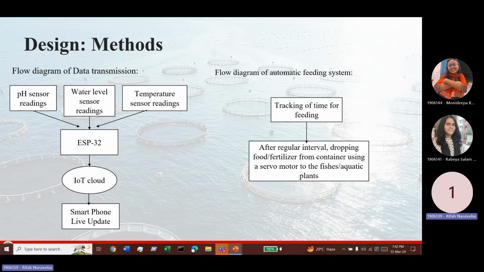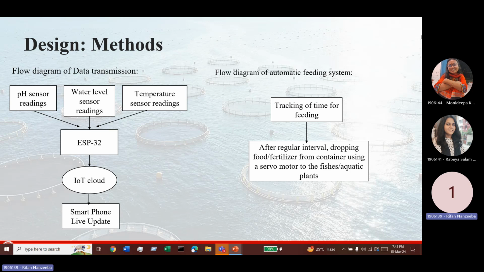Assalamu alaikum. My ID is 1906139, and I'm going to describe the design methods we have used for our project implementation. So, firstly, we have got three sensors: pH sensor, water level sensor, and temperature sensor. And we will get readings from these sensors, and these readings will be sent to the IoT cloud using ESP32, and the user will get a live update of the system.